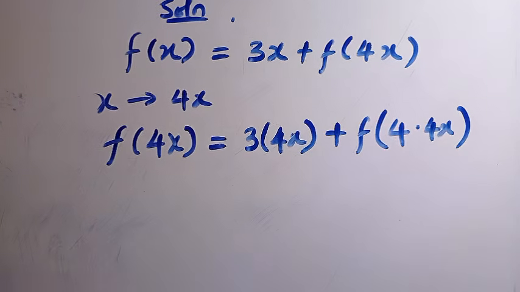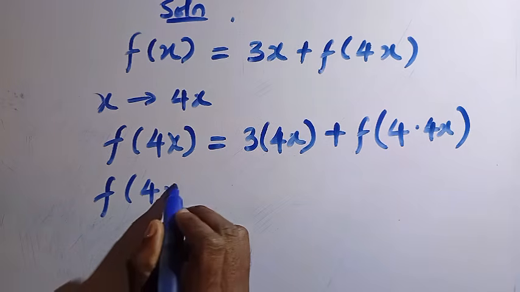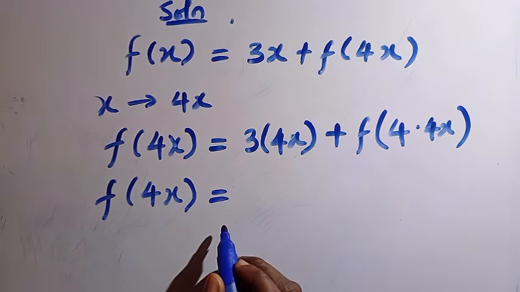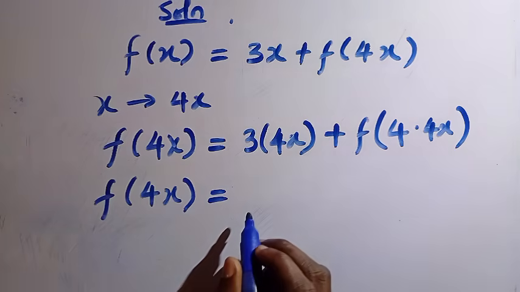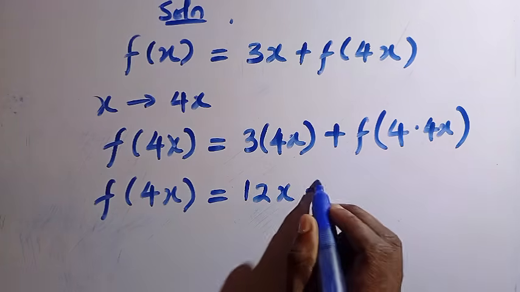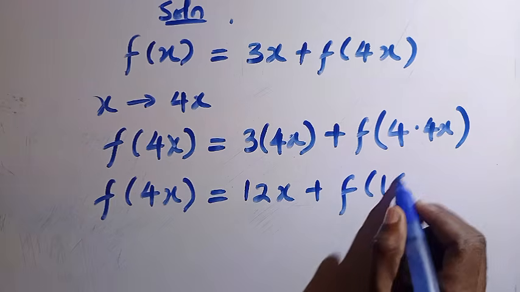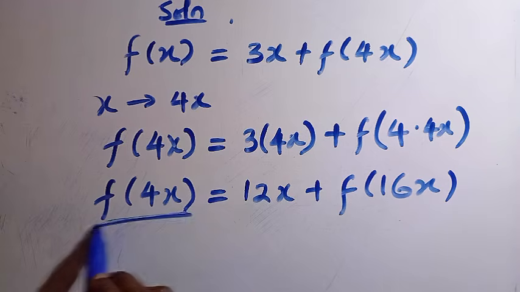So we have f of 4x equals 3 multiplied by 4x, and this gives us 12x plus f of 16x.